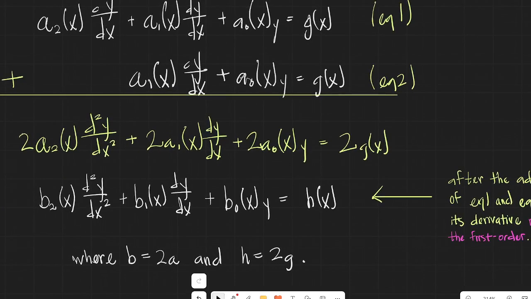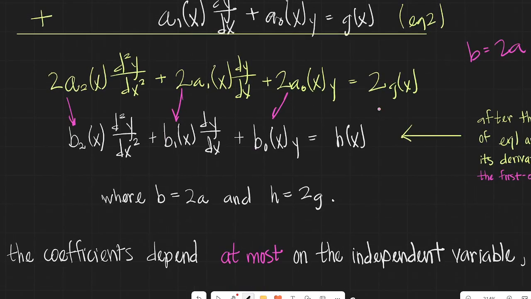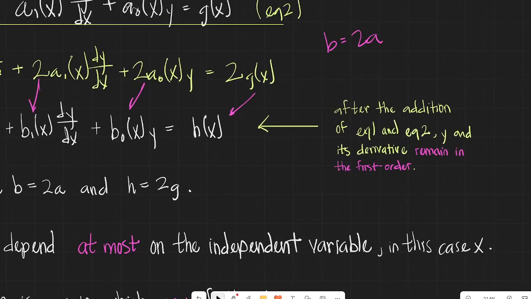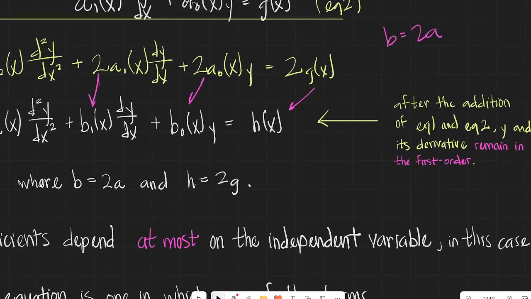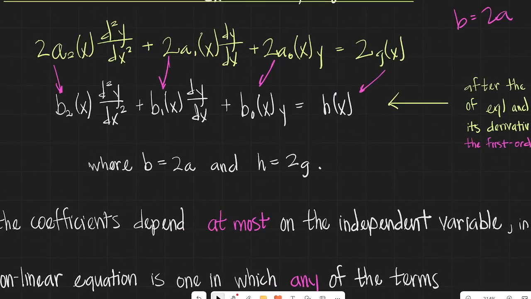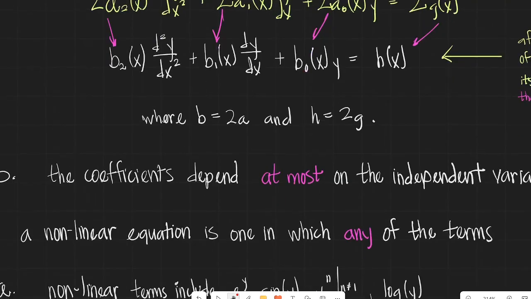And then I'm going to say that let's say b equals 2a, right? And then we can substitute those b's in for 2a and let this transformation happen, right? g of x goes to h of x. And after this addition, y and its derivatives remain in the first order.